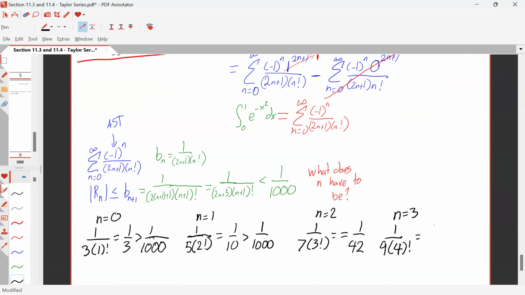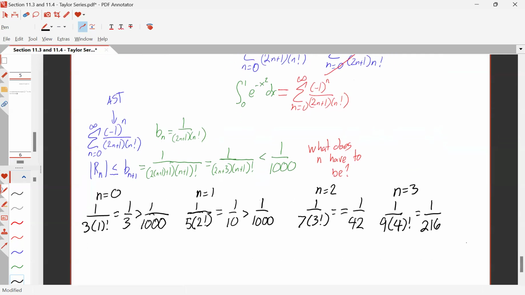This is 9 times 24, which is 1 over 216. Both of these are still bigger than 1 over 1,000.